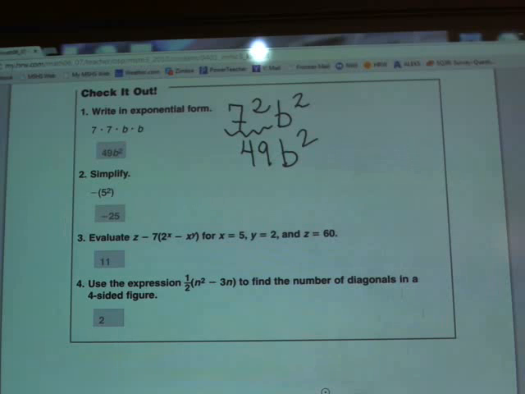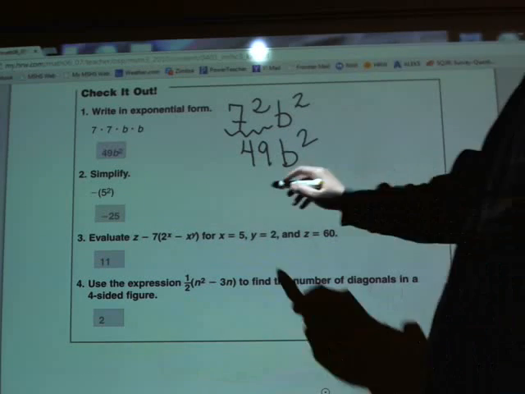Well, if I square 5, that's 5 times 5, which is 25. And then because there's that negative in the front, which means opposite, that's going to make me flip the sign and write this as negative 25. Now, some of you might be thinking, well, wait a minute. If I take negative 5 and square it, why wouldn't it be positive 25? You're right. If I took negative 5 and squared it, it would be positive 25.